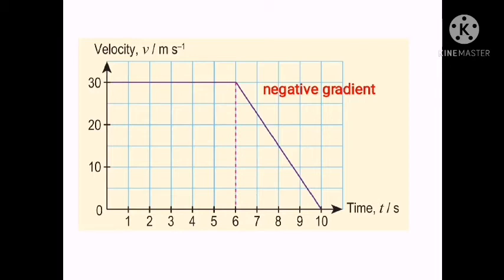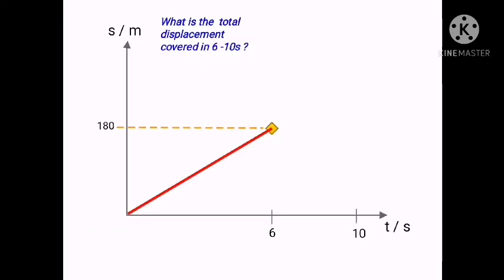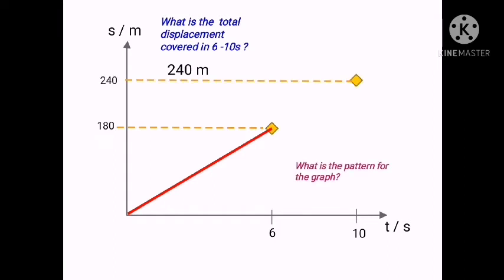Now remember, it means the object is still moving, but it is slowing down. So my graph is going to look like this. It has reached 240 meter, but with a decreasing rate. So my graph is going to be curvy and it's actually concaving down.